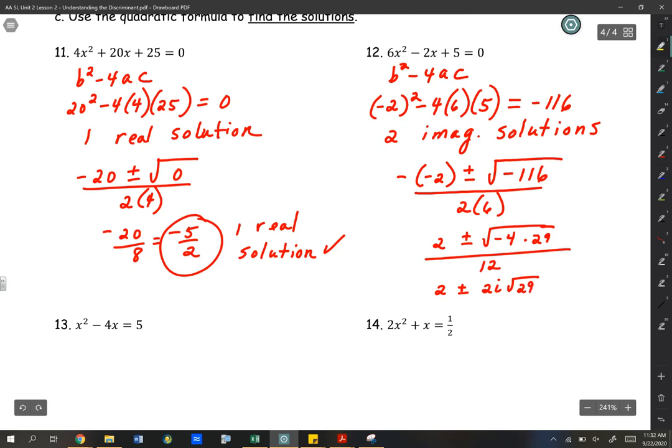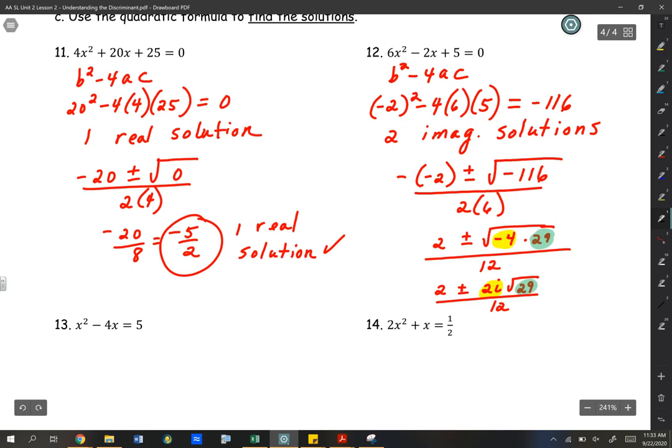So let me just highlight that. This square root of negative 4 becomes 2i, and that still leaves the square root of 29 under the radical. And then, of course, we still have 12 in the denominator.